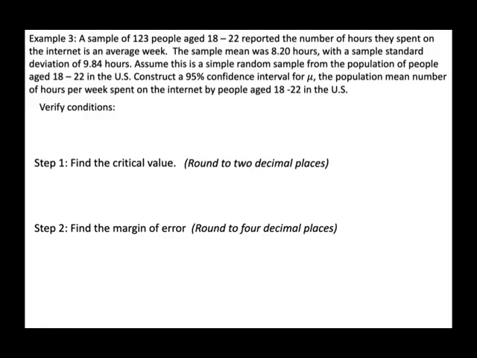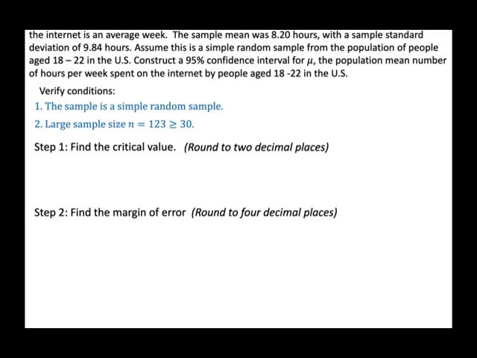Okay, first, let's verify the conditions. The sample is a simple random sample, right? And then either the original population is normally distributed or the sample size has to be greater than 30. And we have the sample size of 123. So sample size is greater than 30. Now, I want you guys to try to find the critical value.